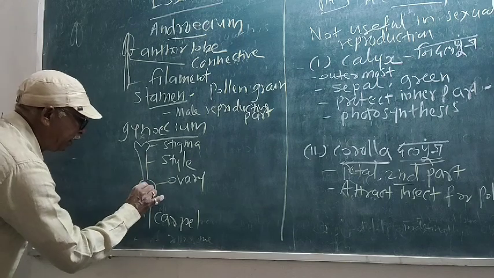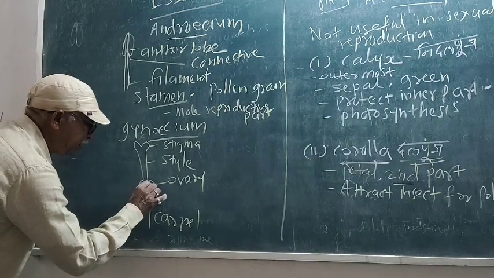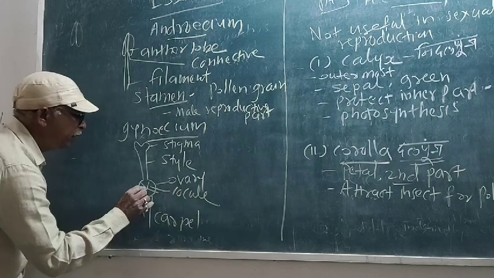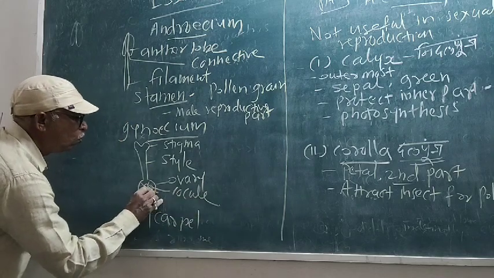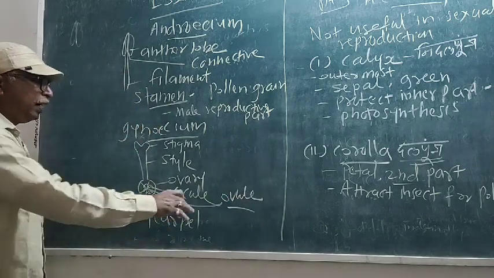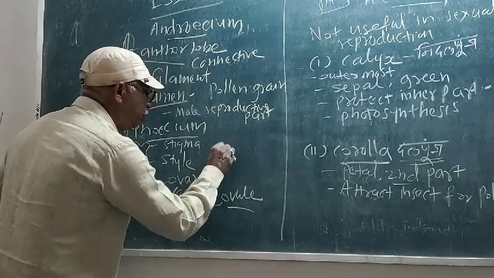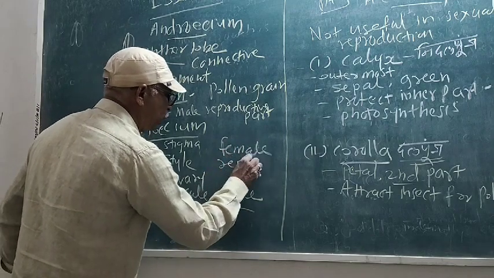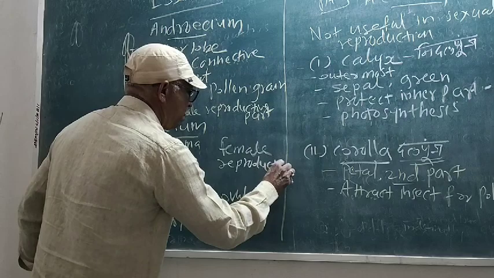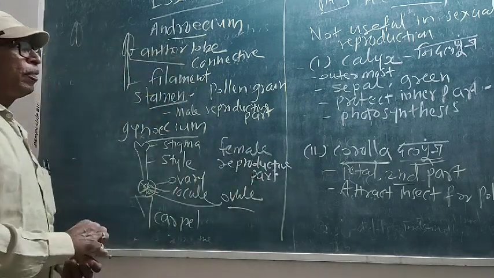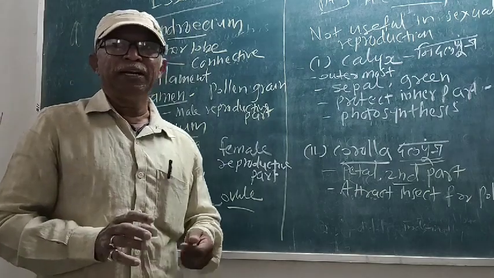In the ovary, we know that chambers are present. The chambers are called locules, in which ovules are present. So it is the female reproductive part. So we have studied today the different parts of the flower.